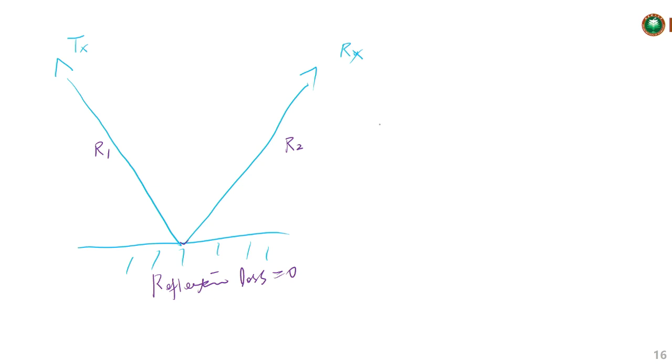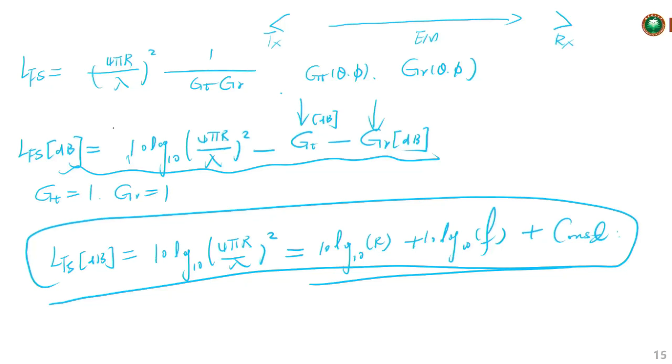So our path loss here is expressed by this equation, all right?